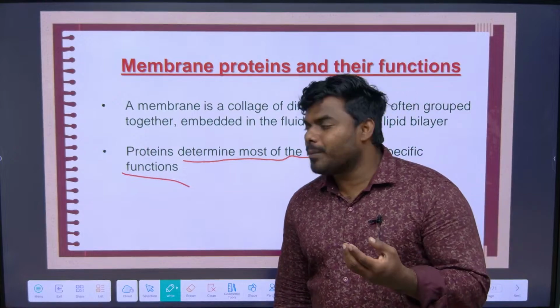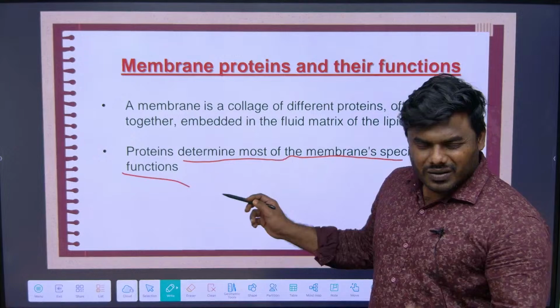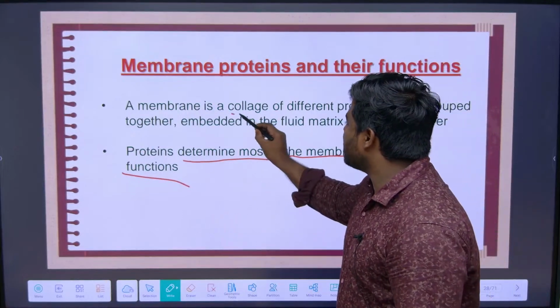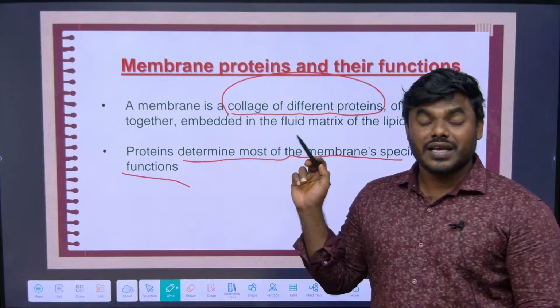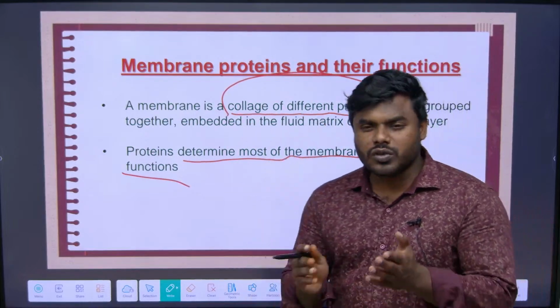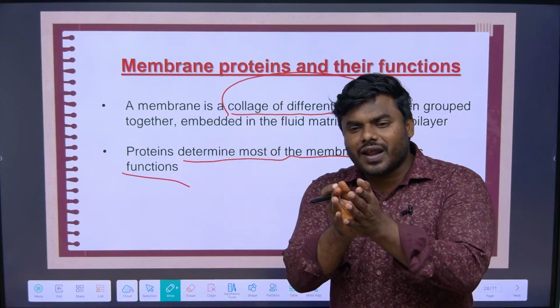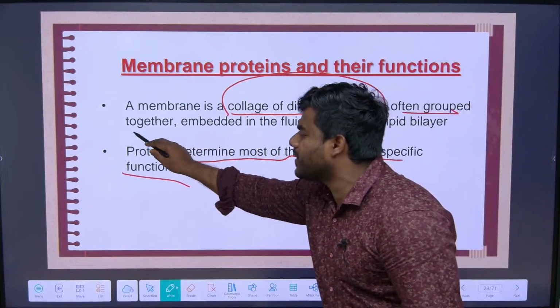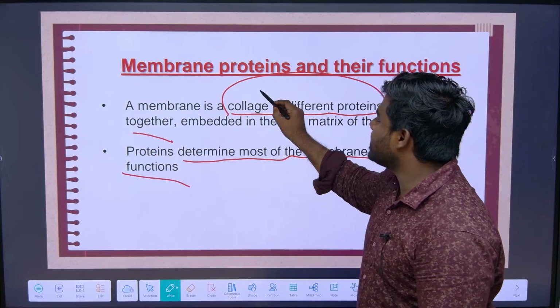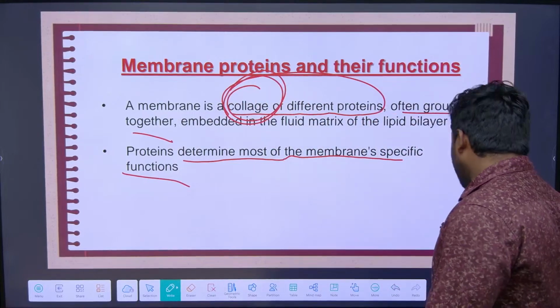That is also completely different depending on the type of cell. Generally, a plasma membrane is a collage of different proteins, and an interesting point is that most of the proteins present on the membrane are never arranged separately; they are always grouped together. That's the reason we always call it a collage, or a group of proteins.